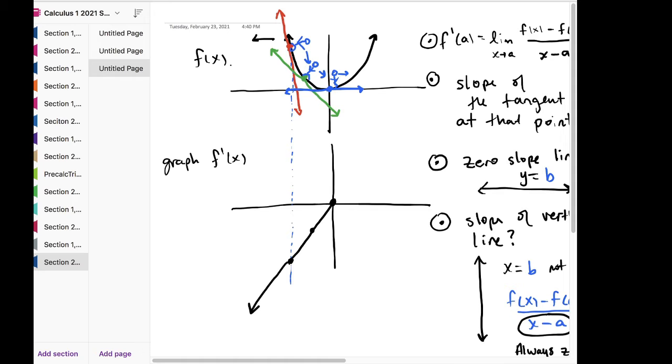Okay, so now what happens as you start going in the other direction? Right now you're pointing upward, right? Your person is going up. So the slope is increasing and it's positive.